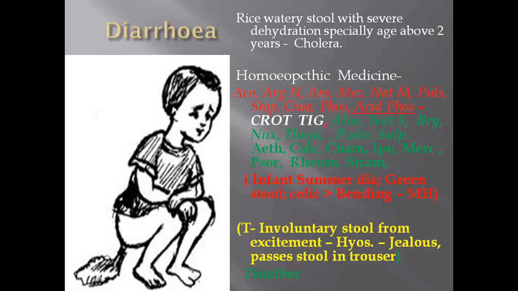Along with this medicine, you have to remember for your early practice related to diarrhea, most commonly in case of children, the name of the medicine is acid phos. In acid phos, you have to remember two words: non-debilitating diarrhea.